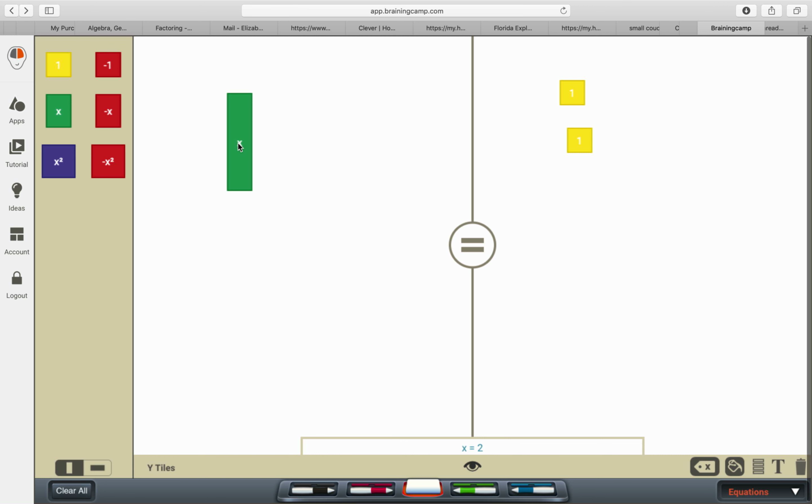I'm going to make a two-step equation and model it. So now let's do this one.